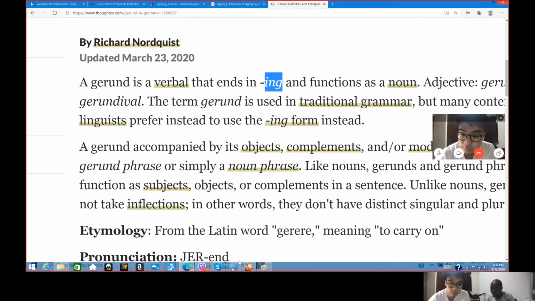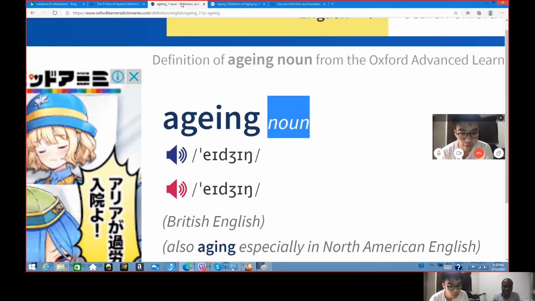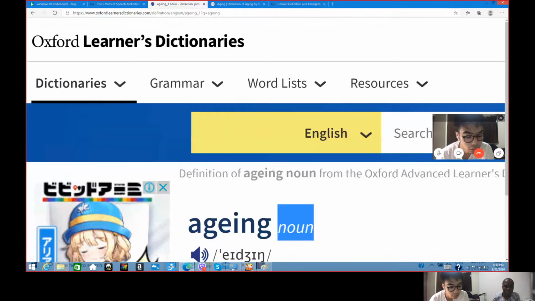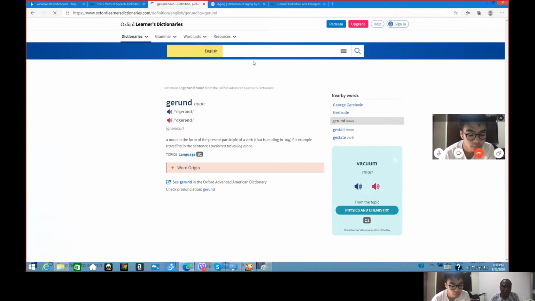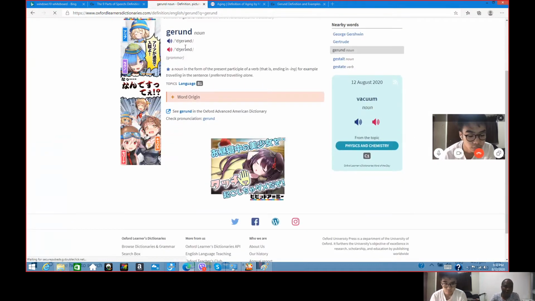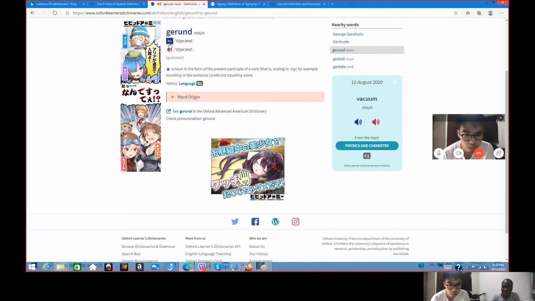So we call this one gerund. Let me go to the dictionary and show you the pronunciation. So this is the pronunciation: gerund, gerund.